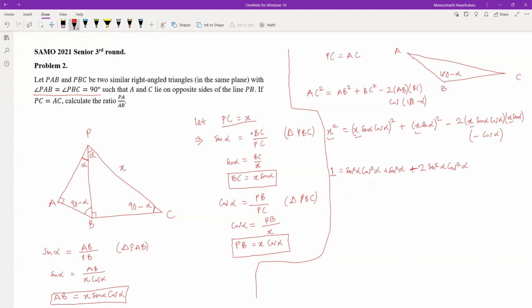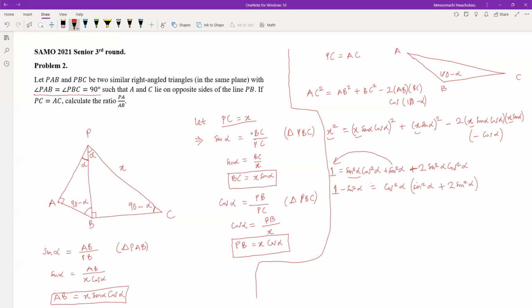We can just take this here. So we have 1 minus sine squared alpha. So basically taking this to the other side equals to, and then we can factor cosine squared alpha here. Cosine squared alpha into sine squared alpha plus 2 sine squared alpha.